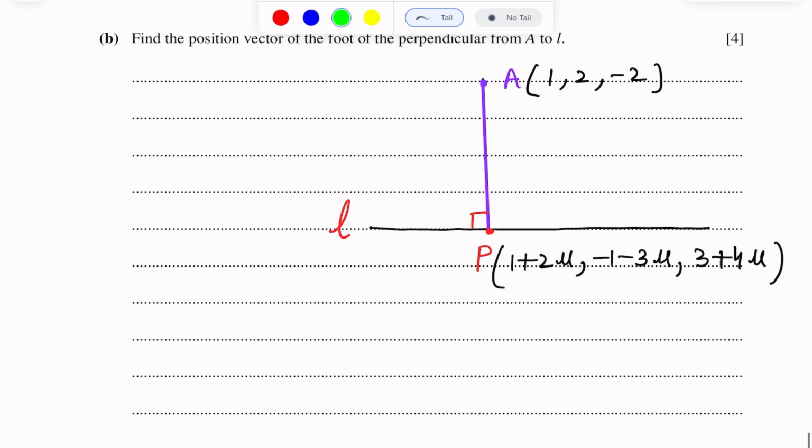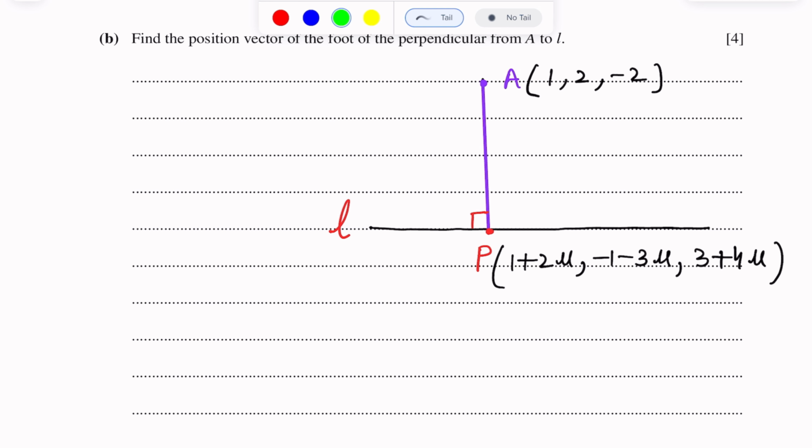Now we first have to find the value of mu, then putting it here we get the coordinates of P, then we find the position vector of P. So clearly these two lines, line L and line AP, are perpendicular to each other.